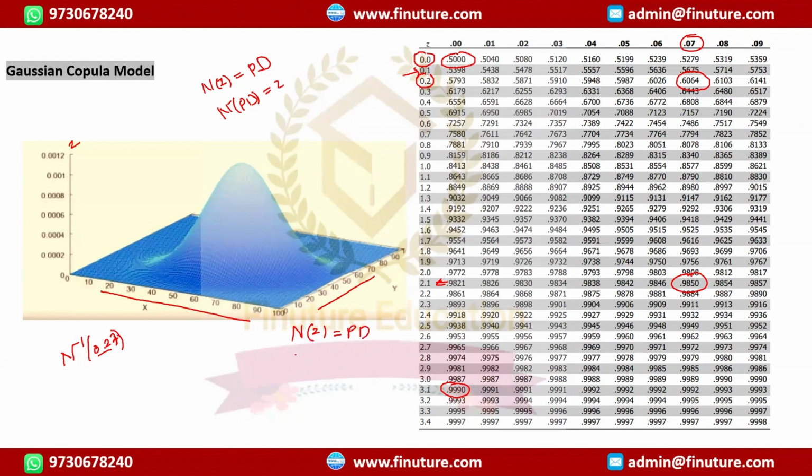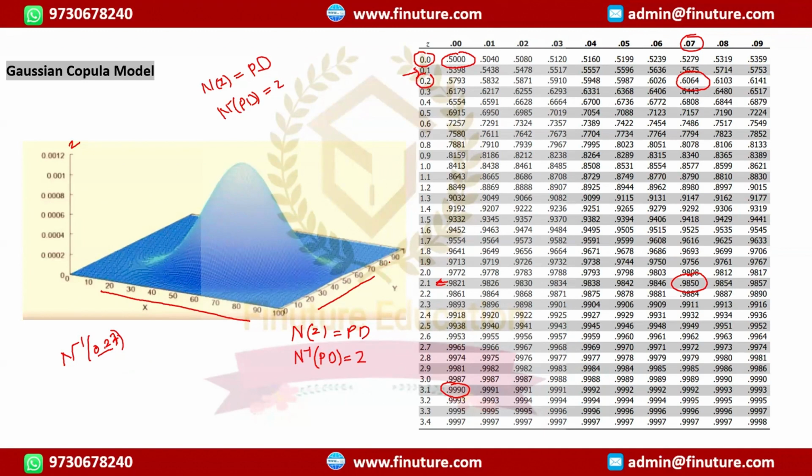When you calculate N inverse, you are given the probability and you have to find the z value. So you are given 27% and you have to find the z value.